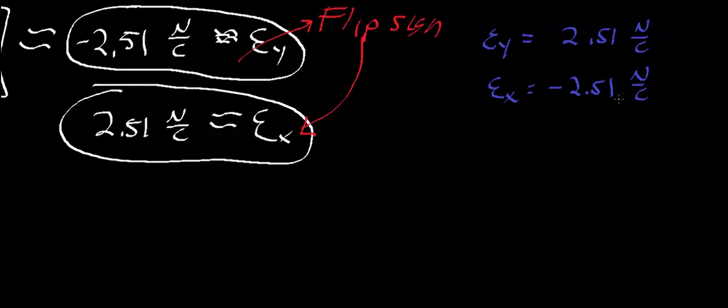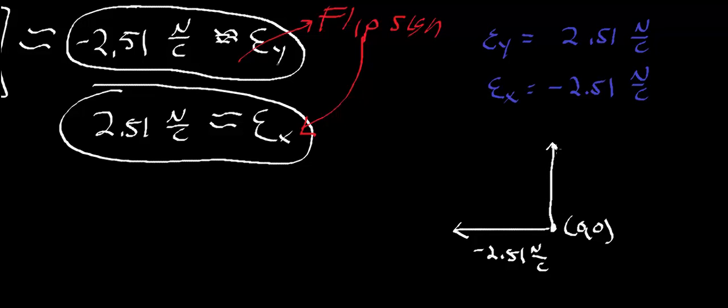Okay, now we're going to draw a picture. So let's say that this is our origin, the place we're evaluating the integral at. And in the x direction, we're going to displace negative 2.51 newtons per coulomb. That's the vector that goes in the x direction, and in the y direction it's going to go the same magnitude up at positive 2.51 newtons per coulomb.